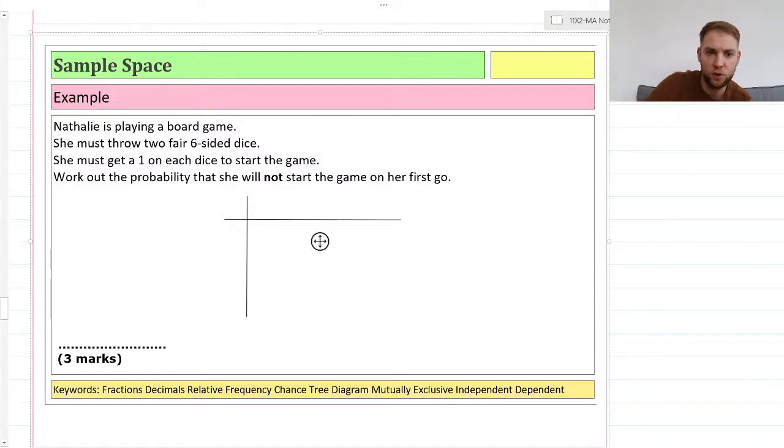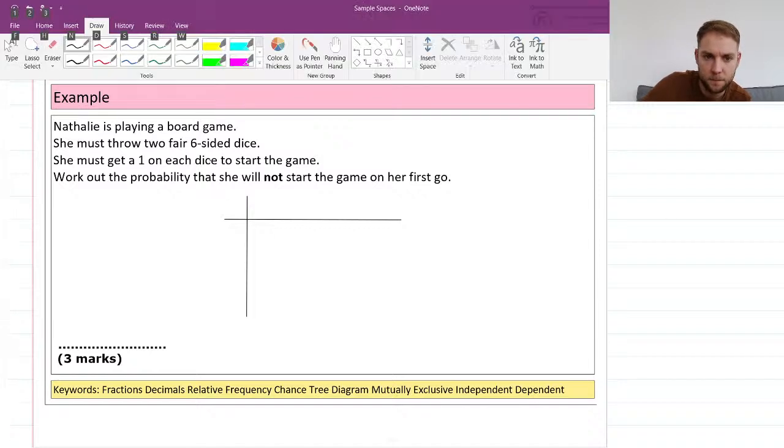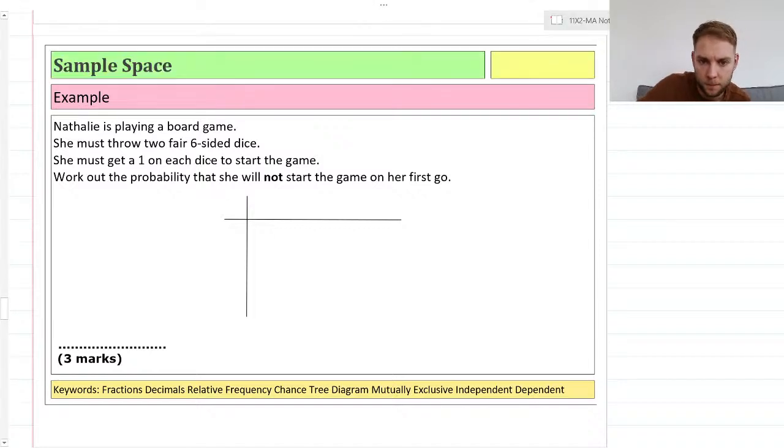Okay, and then we've got 2 six-sided dice, so it is 1, 2, 3, 4, 5 and 6. 1, 2, 3, 4, 5 and 6, and then we add them together.